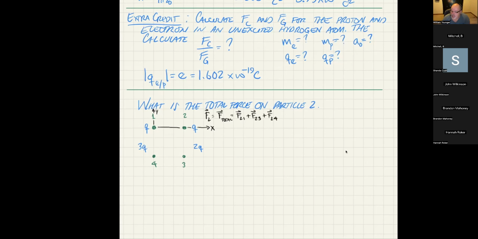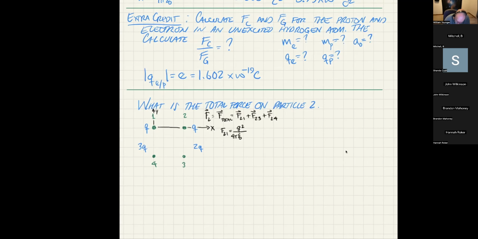I need to first get the magnitudes of these forces. So I'm going to say F21 is equal to, notice particle 1 has a charge Q and particle 2 has a charge Q, so I'm just going to write Q squared over 4 pi epsilon naught.